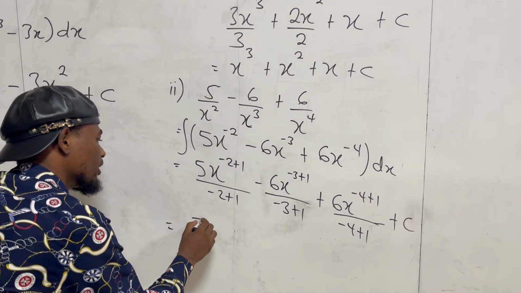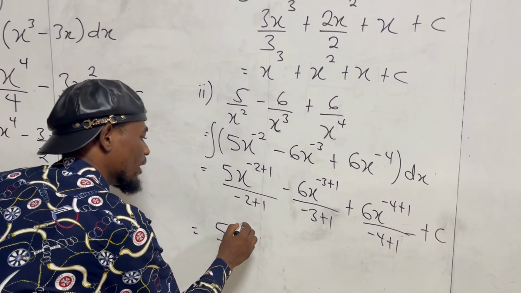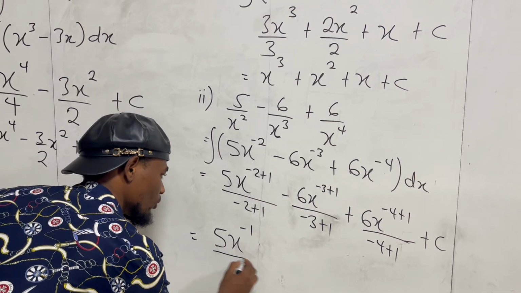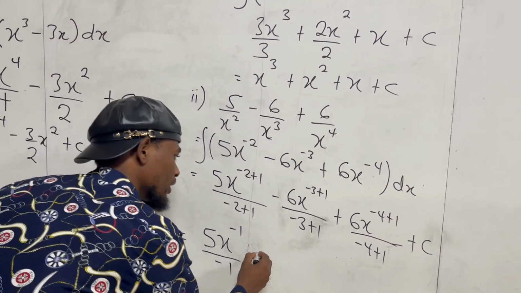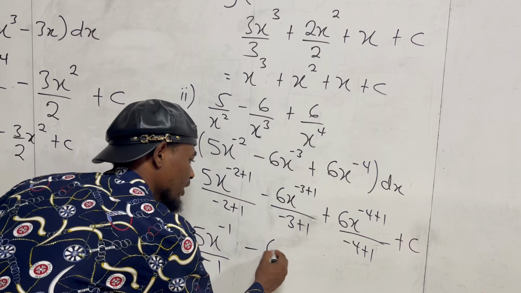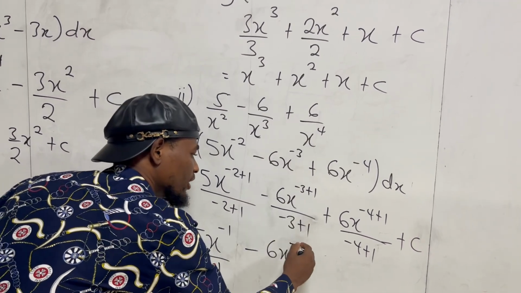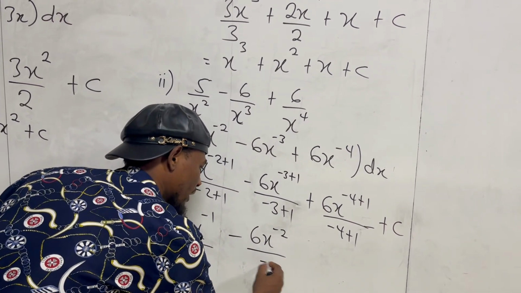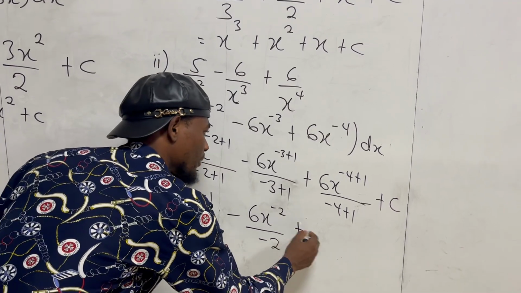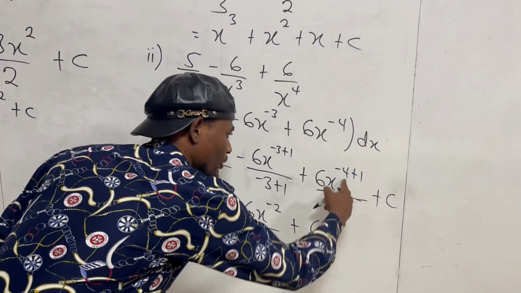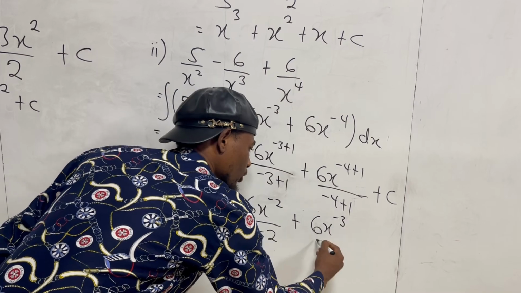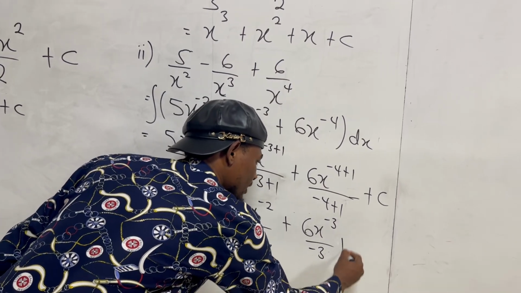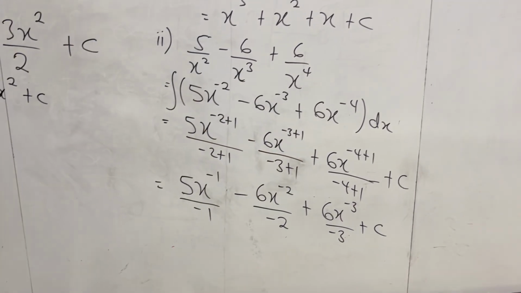So I'll have 5x to the power negative 1 all over negative 1. Then I have minus 6x to the power negative 2, all over negative 2. Then I have plus 6x to the power negative 3 all over negative 3, plus my constant of integration.